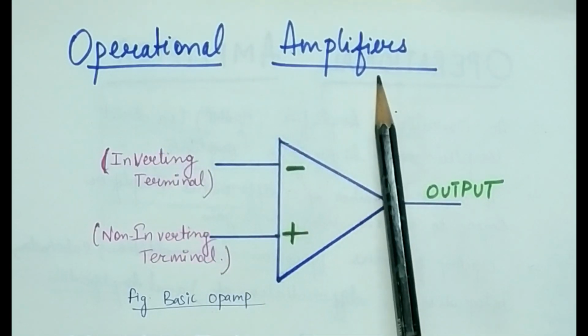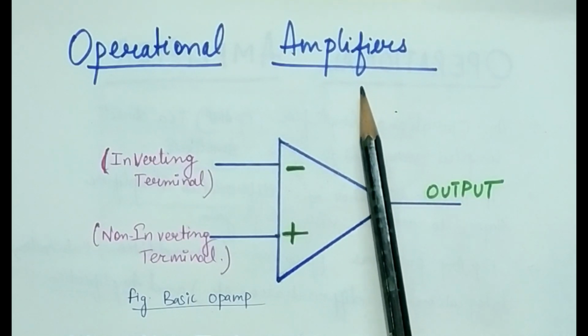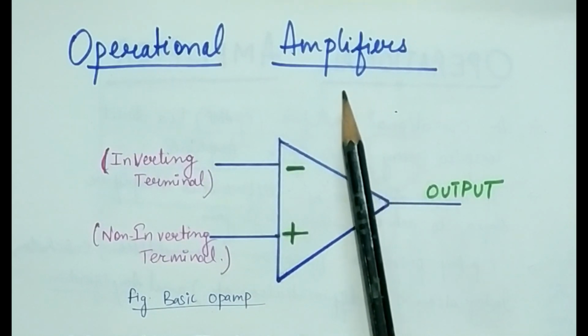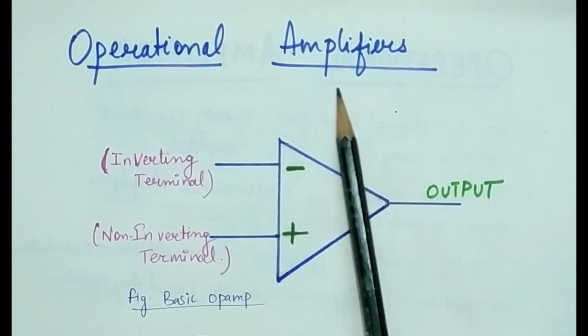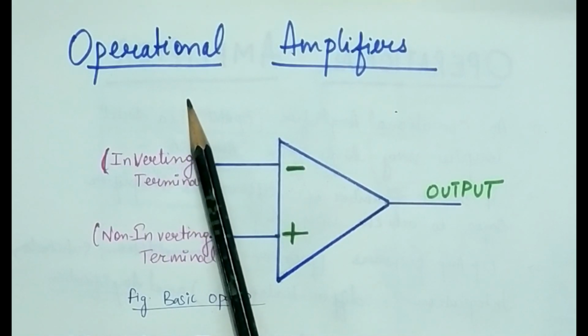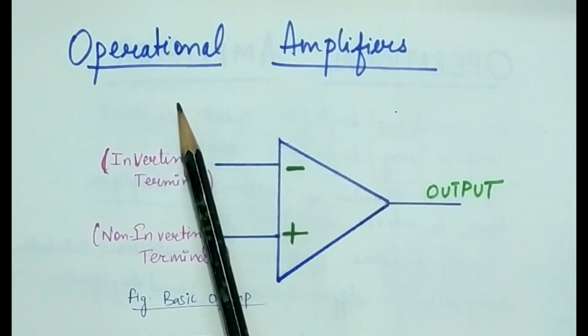And amplification means it will amplify the input signal. So basically an operational amplifier is used to amplify signals, and it can also do mathematical operations like addition, subtraction, integration and differentiation.